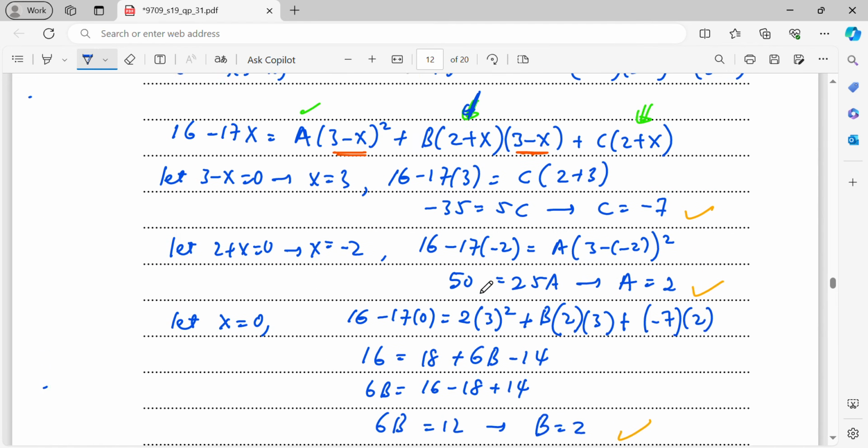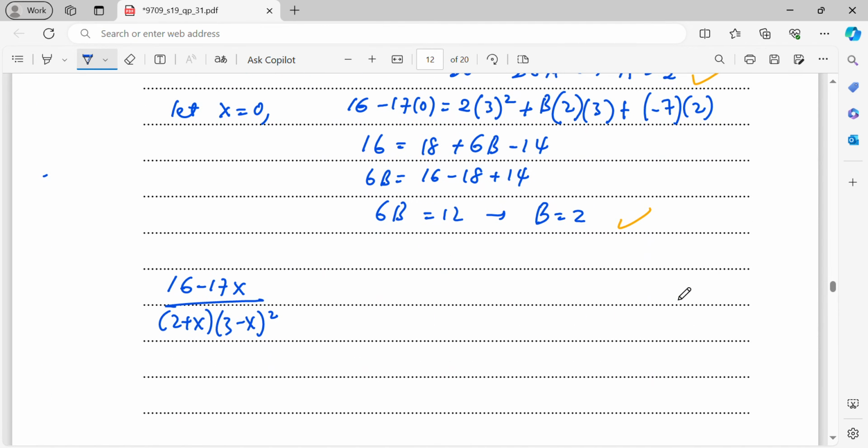So my A equals to 2. So this is 2 over 2 plus x. Then plus B over, B is also 2, 3 minus x. Then plus C. C is minus 7. So you just write minus 7 over 3 minus x squared. So that will be my partial fractions.